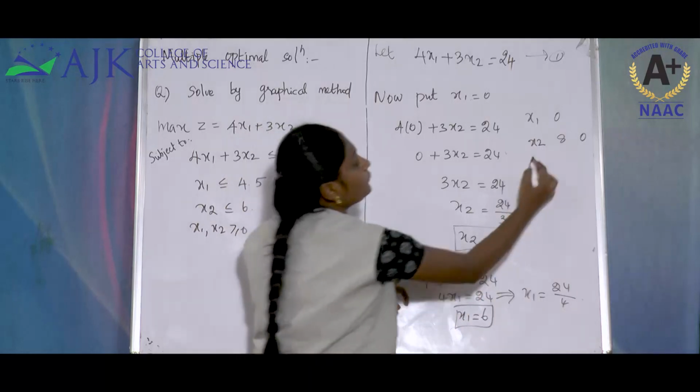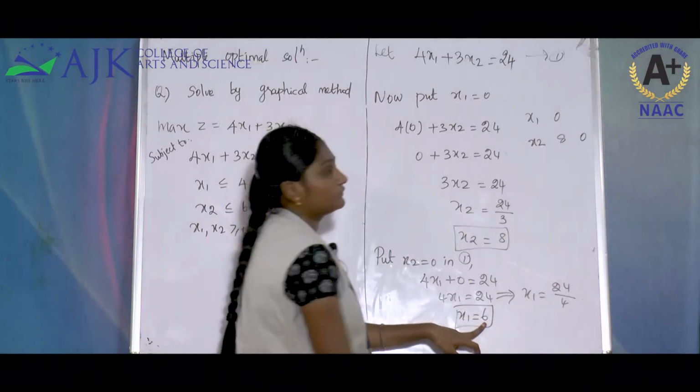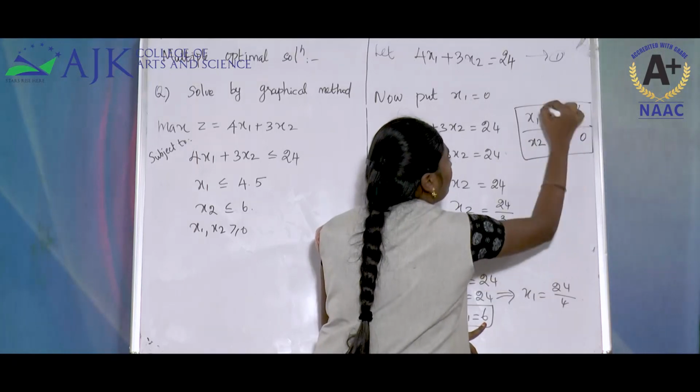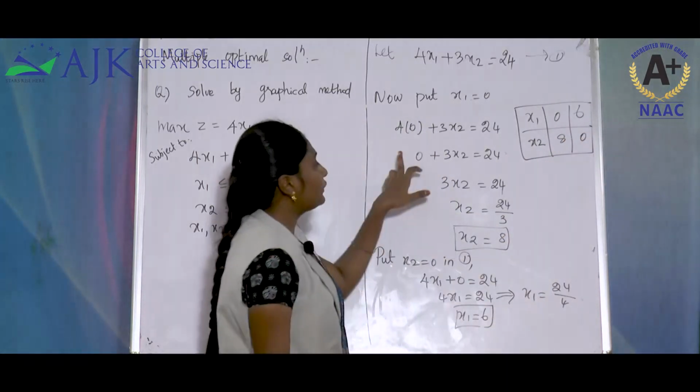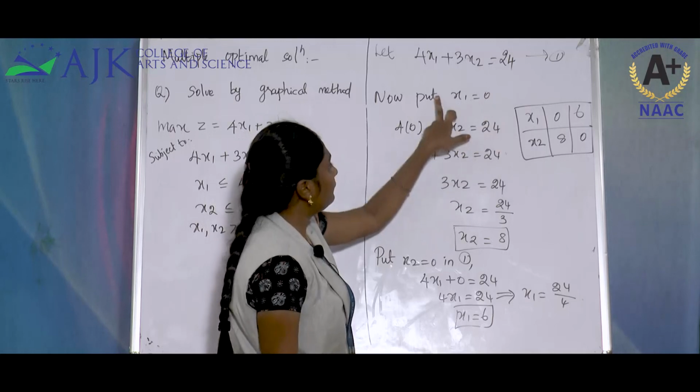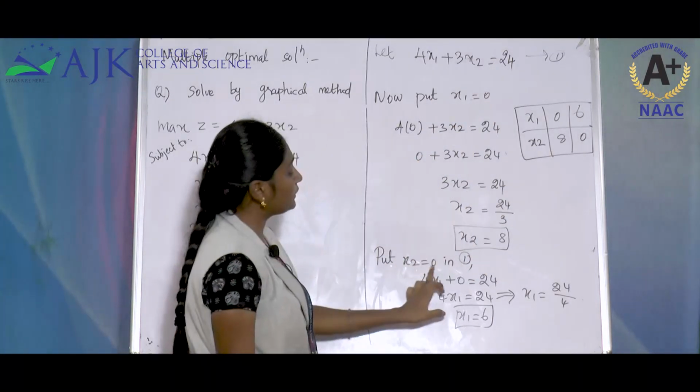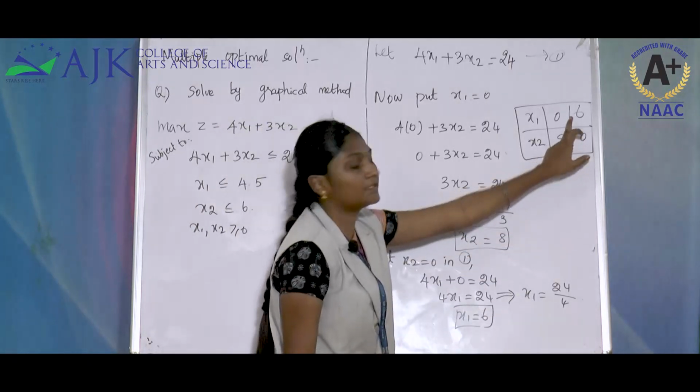When I put x1 as 0, x2 is 8, and when I put x2 as 0, x1 is 6.